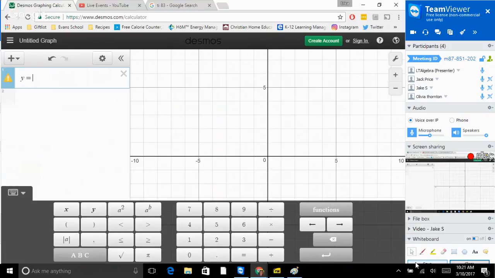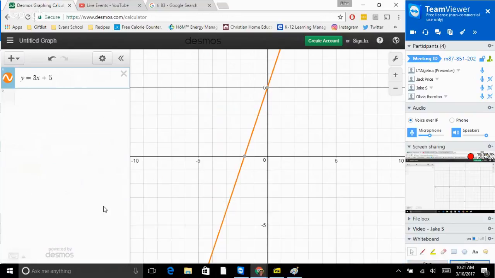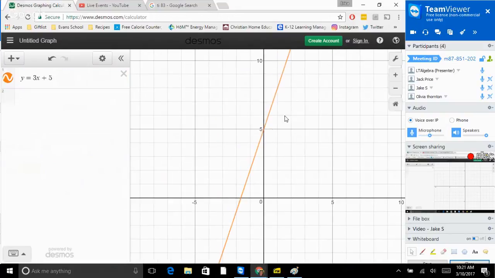The equation of a line is y equals 3x plus 5. You type in your equation, and then this graphs all the values that are true for y equals 3x plus 5. I realize this is kind of sneak peek stuff, but just by typing it in the calculator, you can get a graph.